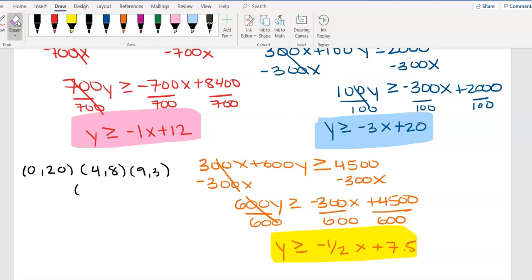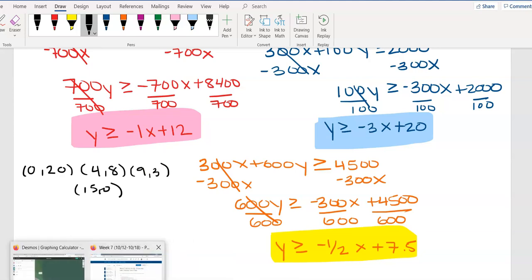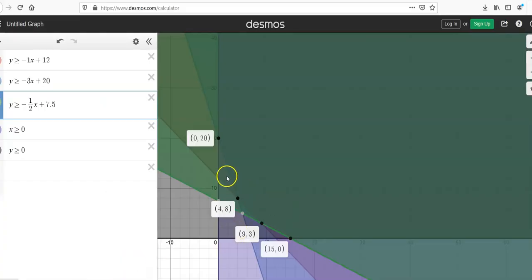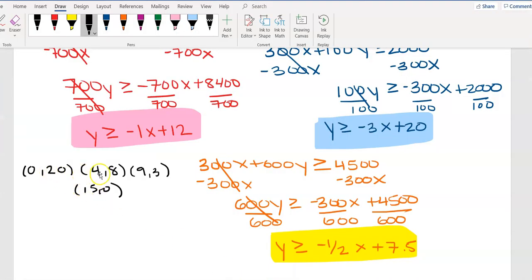But I'm going to double check it because I'm trying to do it from memory. So 15, 0. So let's see. 0, 20, 4, 8, 9, 3, and 15, 0. So is that what we had? Let's double check. All right. 0, 20, 4, 8, 9, 3, and 15, 0.